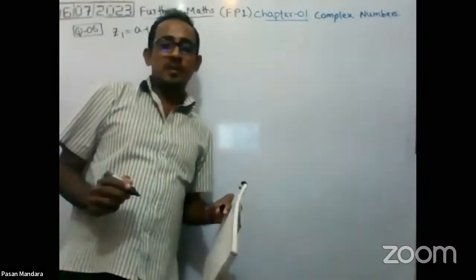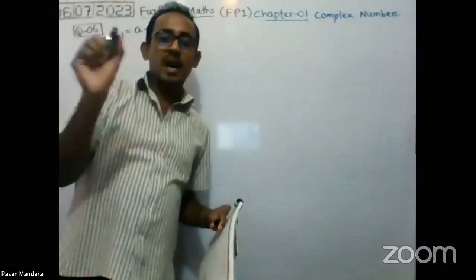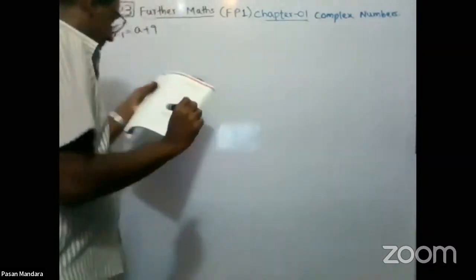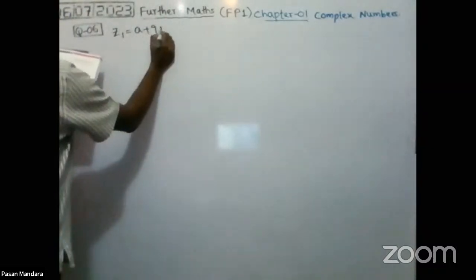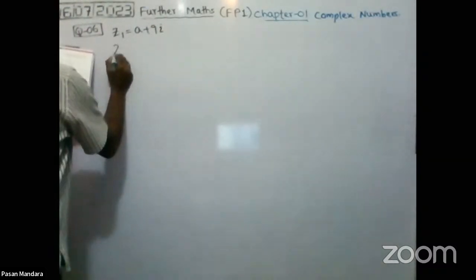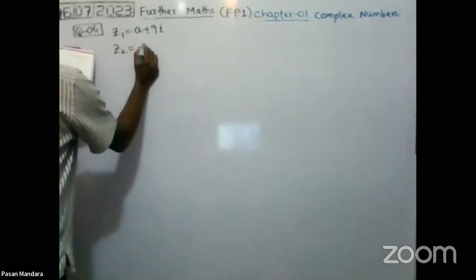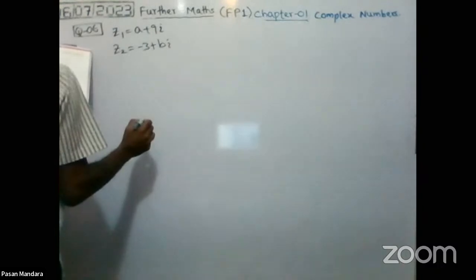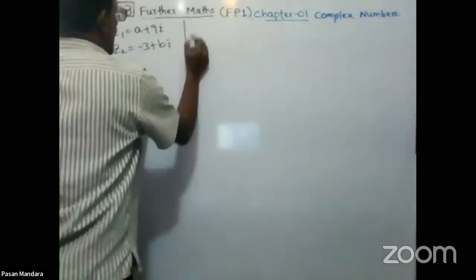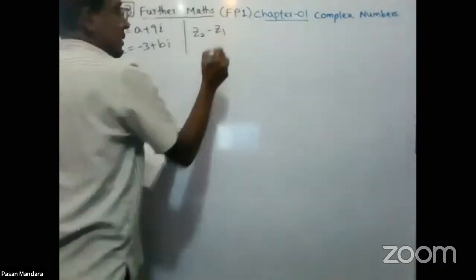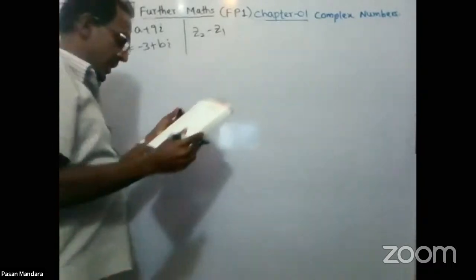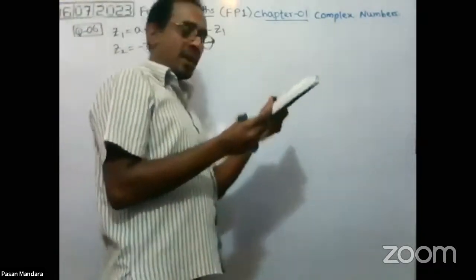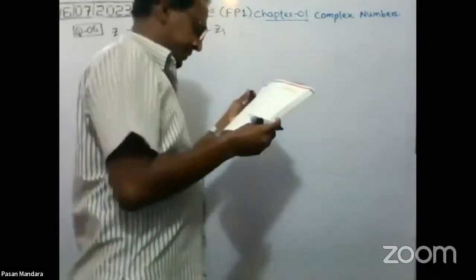Once you finish question number 6, say 6 done. Six done, okay. And if you can type A and B also good.